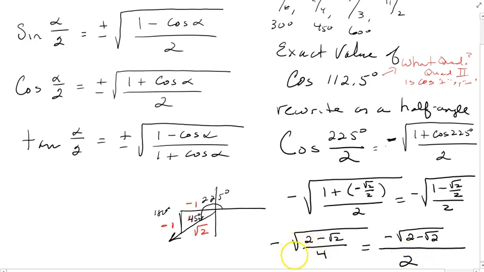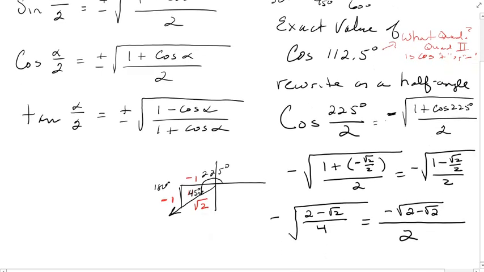Because notice, well, let me draw this a little better for you. That whole thing is under the radical. You will often get a radical under a radical when dealing with these half angles. You'll often get something like that as an answer.